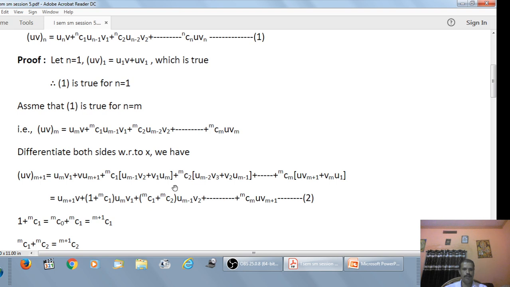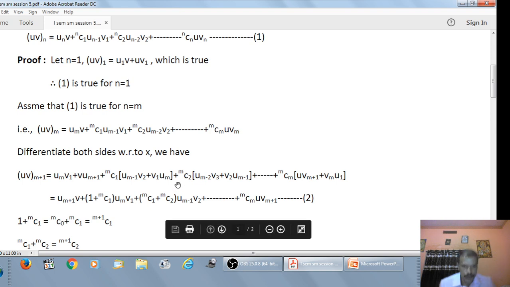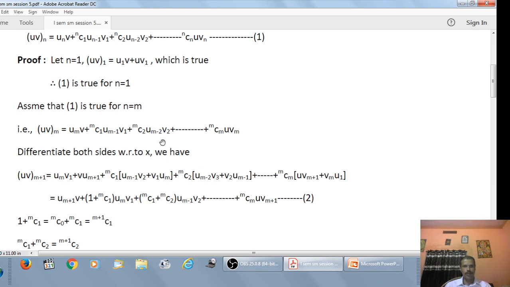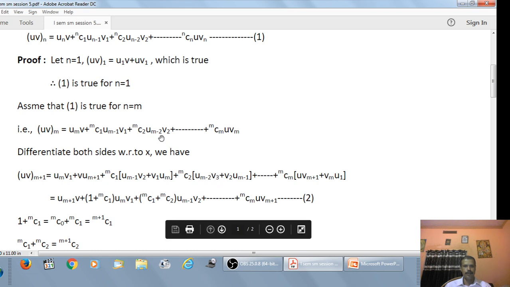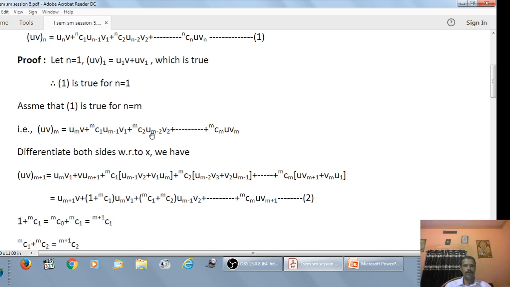It will be u_m plus m C 2 into the first function u_(m-2) into the derivative of second, v3, plus second function v2 into the derivative of first, the derivative of the (m-2)th derivative. That means 1 is added to the subscript. Minus 2 plus 1 is minus 1.